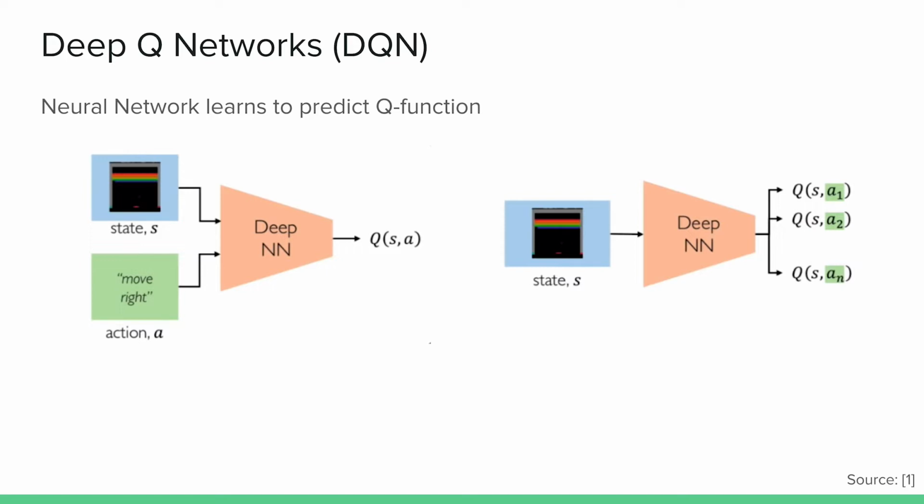Therefore, we only have to run through our model once. One thing that you'll realize here, this only works if we have a discrete set of actions that we can potentially take. So how do we learn this thing?